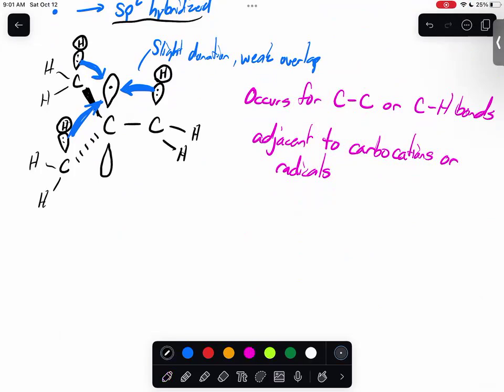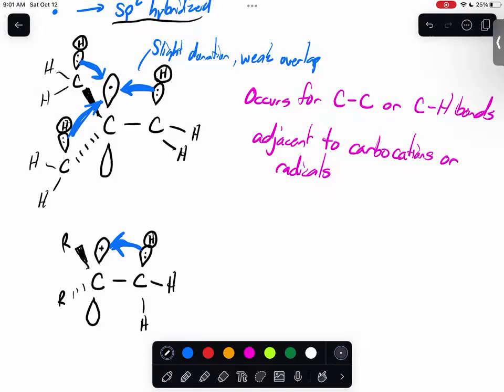So if we were looking at something like this carbon here that has an empty p orbital, we could draw the exact same drawing where this is giving some beneficial overlap to where that carbon has its positive charge. Okay? I'm not going to draw the other two parts. I'm just going to put them as R for now, but you get the point.